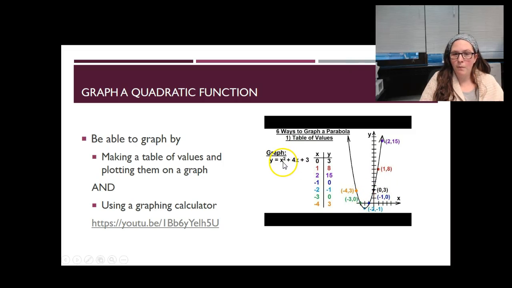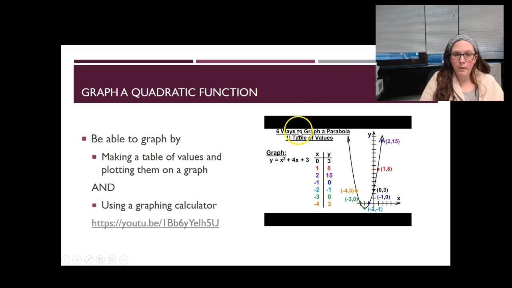They had the graph the equation y equals x squared plus 4x plus 3. They chose the values from -4 to 2, and then went through and plugged each of those numbers in for x, solved the equation, and got a y value. They did the same for 1, plugged it in for x, solved the equation, and got a y value.